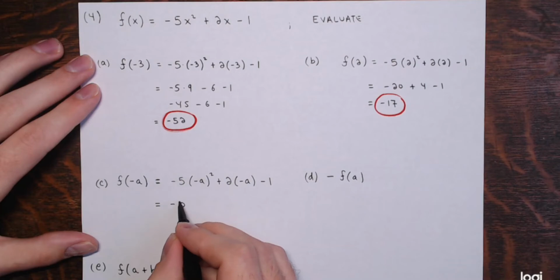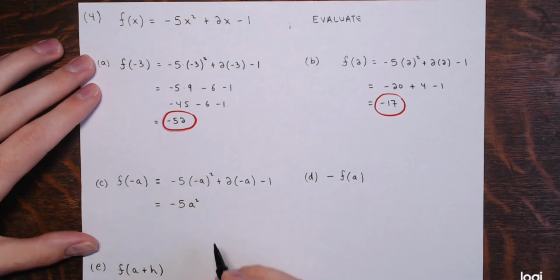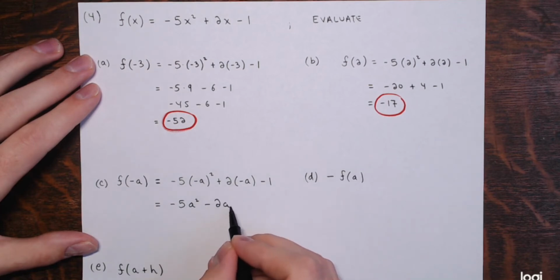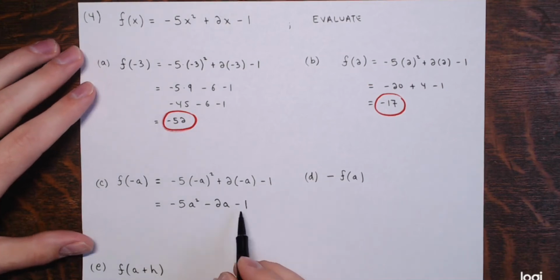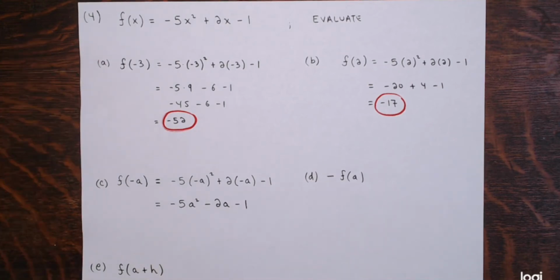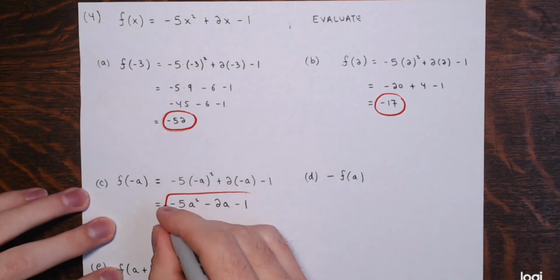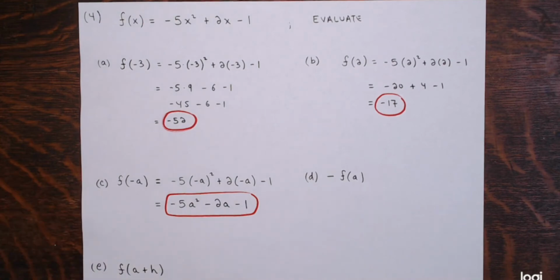Now negative a to the second power would be positive a squared, right? And then 2 times negative a would be negative 2a, and then minus 1, and this is it, right? These don't go together. These are not like terms. So that's it. That's all. You're done. Now you could replace a with numbers if you wanted, right?